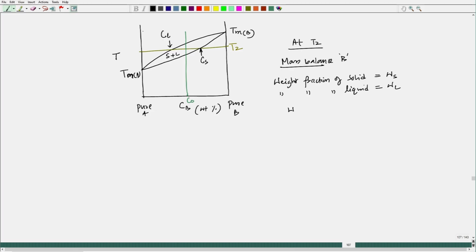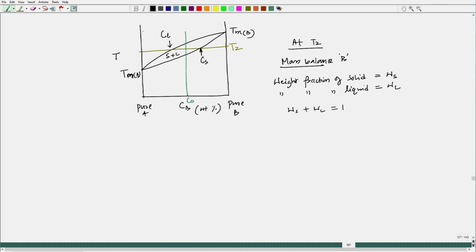So, definitely Ws plus WL should be equal to 1. If I look at the combined content, it is 1, that means 100%. So, we can see Ws and WL are basically two fractions of solid and liquid respectively.